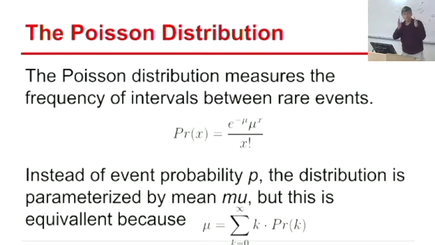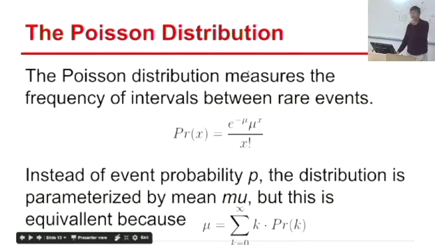Anytime that you're interested in the distribution of gaps between heads, that is what the Poisson is measuring: the distribution of the length of the gap between heads. Okay? And if you model something like that, the Poisson distribution covers it. Any questions about that? Okay.